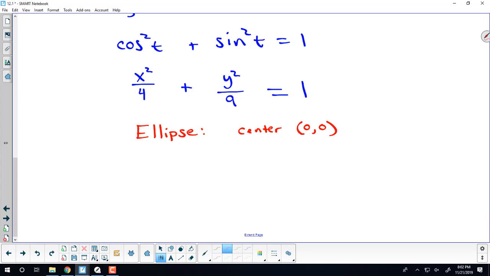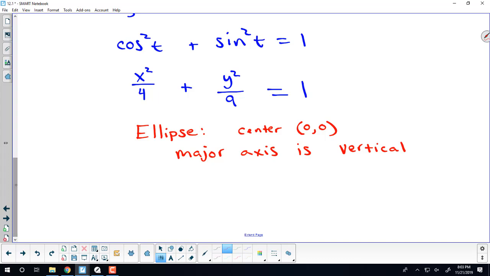Center at 0, 0. The longer axis is determined by the variable over the largest number. So 9's the largest number. The y is the longer axis in the y direction. So our major axis, they call it, major axis is vertical, which just means that the ellipse is more elongated in the y direction than it is in the x direction.